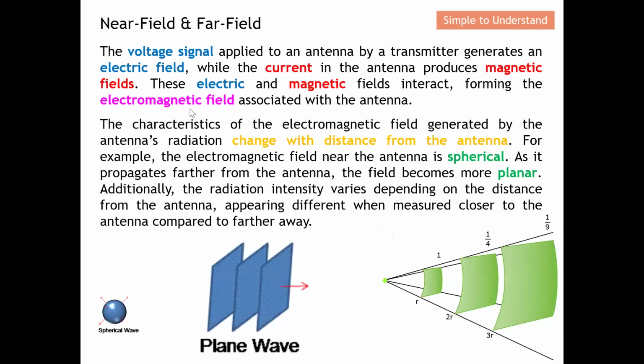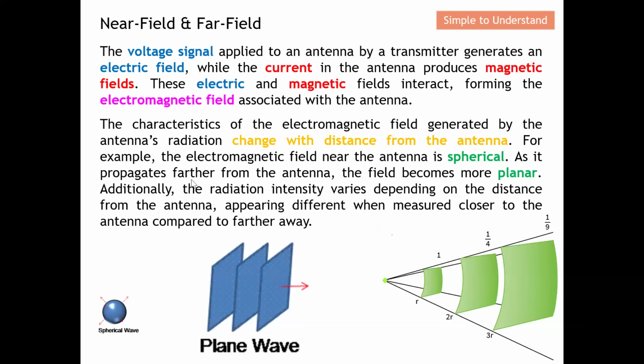The characteristics of the electromagnetic field generated by the antenna's radiation change with distance from the antenna. For example, the electromagnetic field near the antenna is actually spherical in shape. Imagine this is where the antenna is. You can see that the very first instant of release of the energy looks like a sphere.